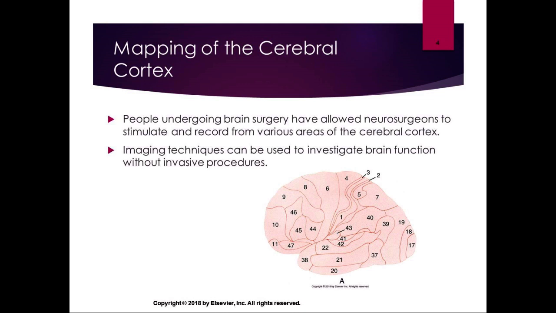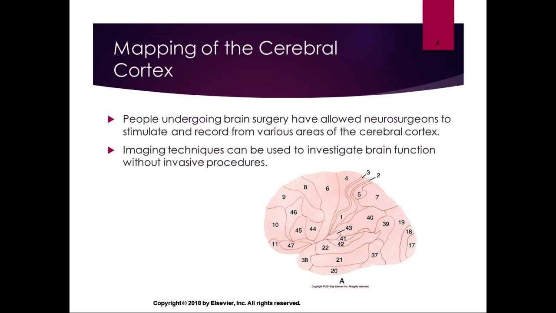So before all the fancy imaging that we have now, like those cool T1 images and MRIs and everything, they used to have to map areas of the cerebral cortex by doing surgeries.